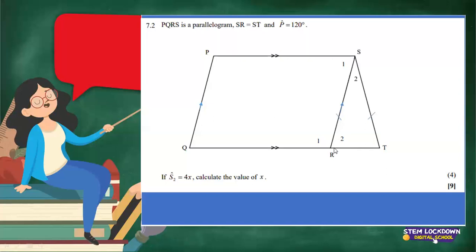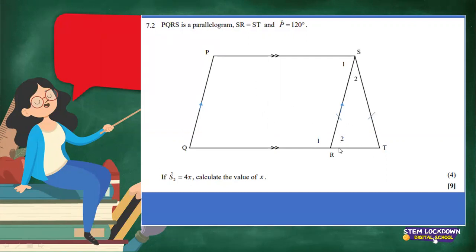If R2 is 90 minus 2x, what is R1? Remember, R2 is the exterior angle of this quadrilateral. The exterior angle of a cyclic quadrilateral equals the opposite interior angle.